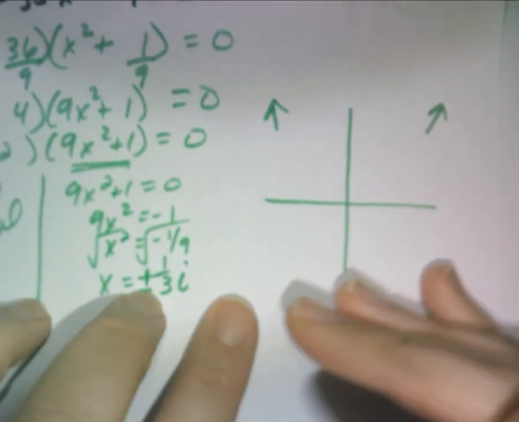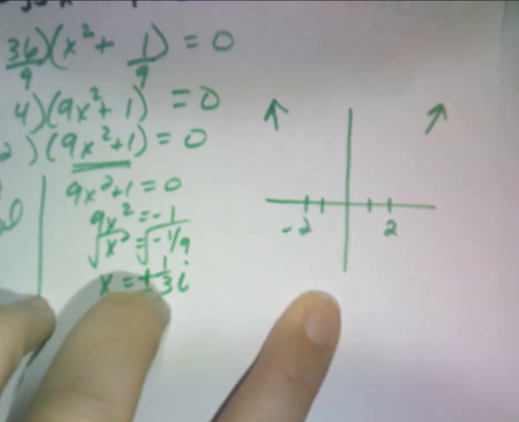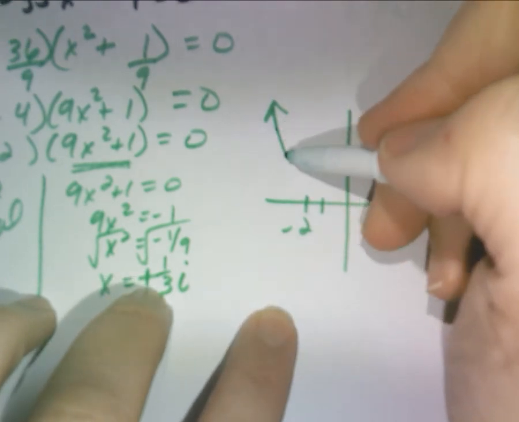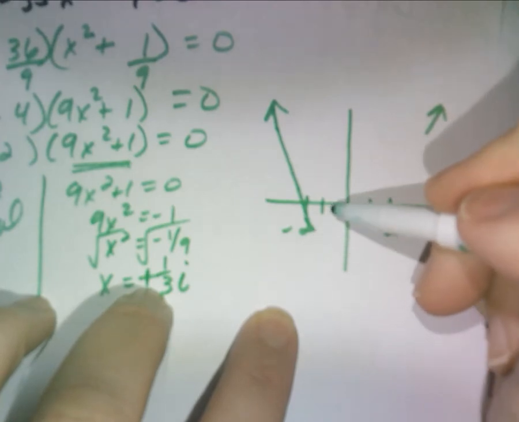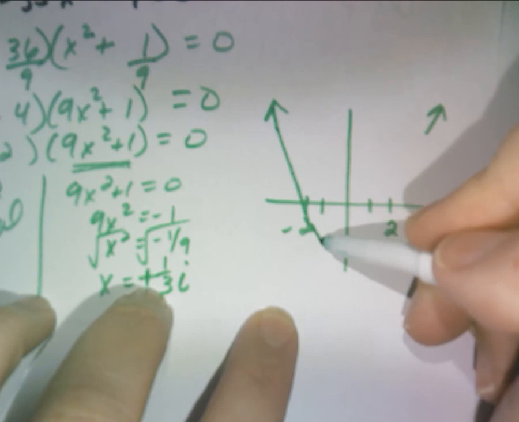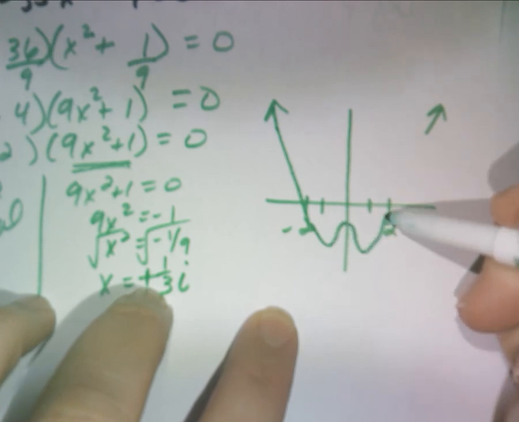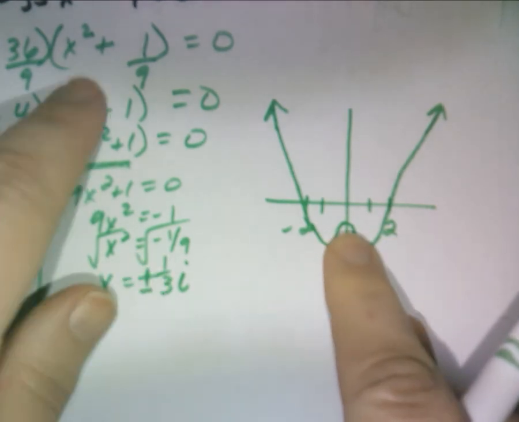It has to cross through -2 and it has to cross through +2. And it's going to make a W shape. So I'm going to go down, cross through -2. Am I going to go back up and cross through? No, I'm going to go back up maybe just a little bit, come back down, and then cross through there. Well, actually, that y-intercept would be at 4.